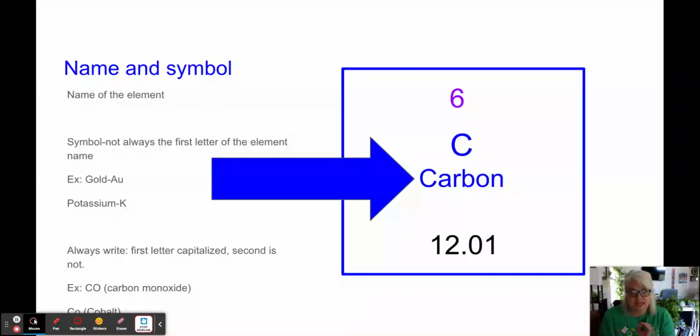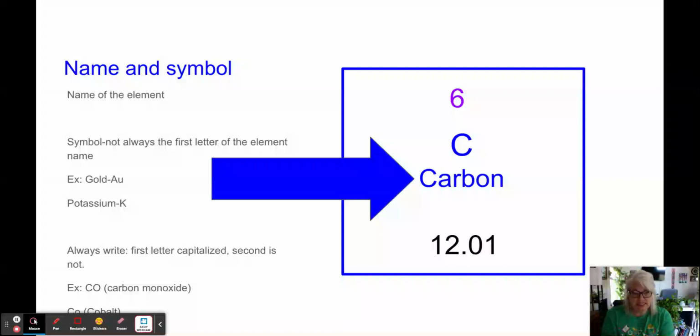So now let's look at the name and the symbol. The symbol will be letters, and the name is letters too, but it spells out a word. So carbon is C. There are 2 things you need to know about the symbol. The first thing is it's not always the first letter of the word. In this case it is, carbon C. But sometimes it's not.